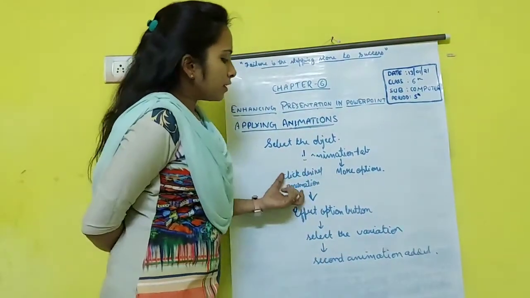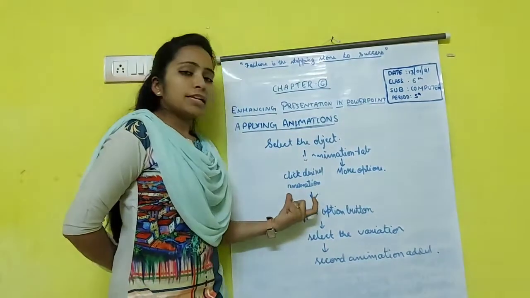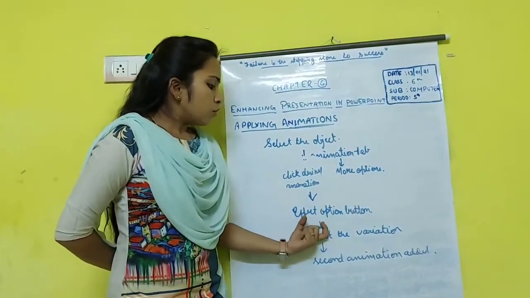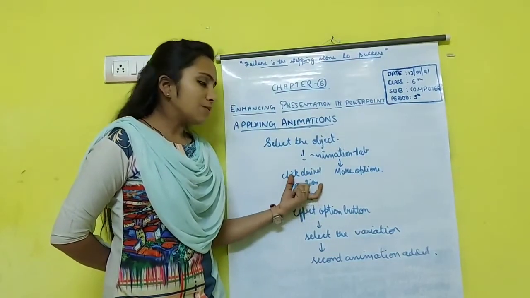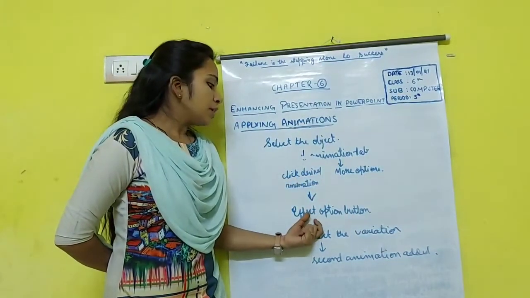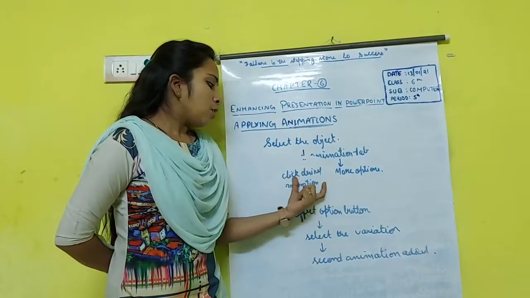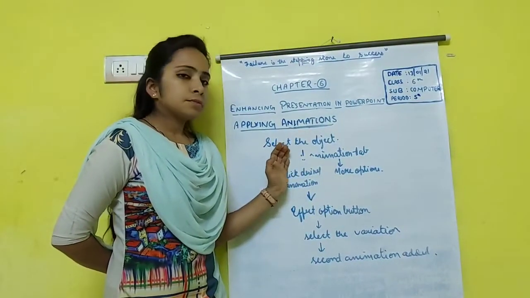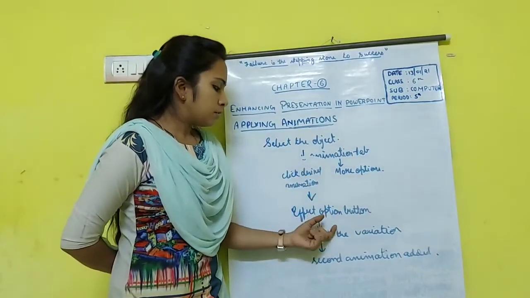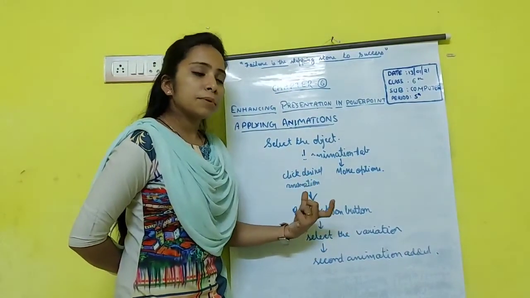Then after selecting your animation, you will go for the effect option button. This is for the first animation which you have selected. Then you will go for effect options, meaning how this animation will look in the presentation.